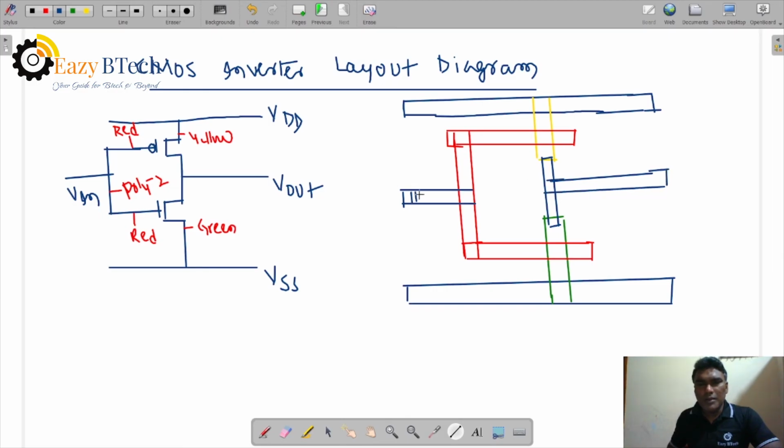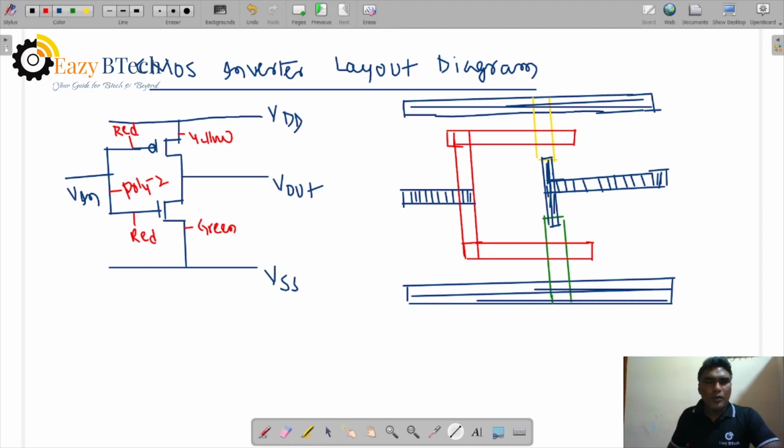Metal one is vertical lines here, for input and output signal distribution. VDD and VSS are power distribution. VDD is global power distribution in the circuit. Now these are horizontal lines.